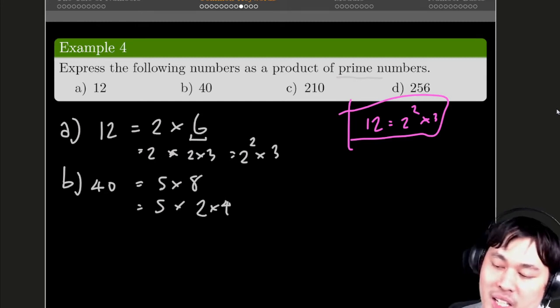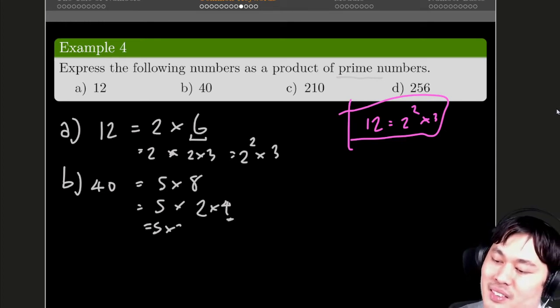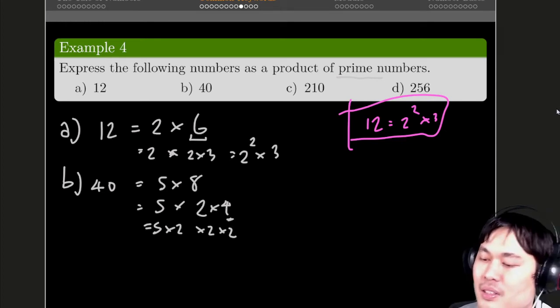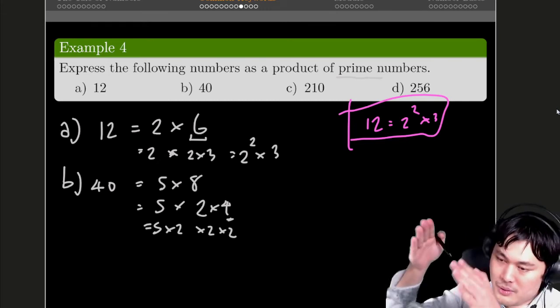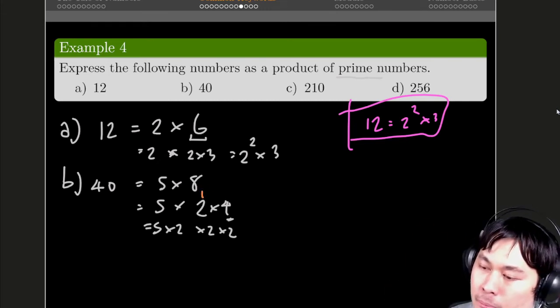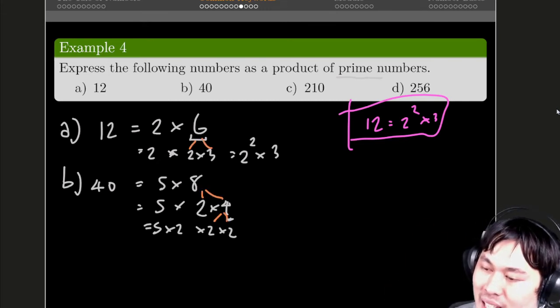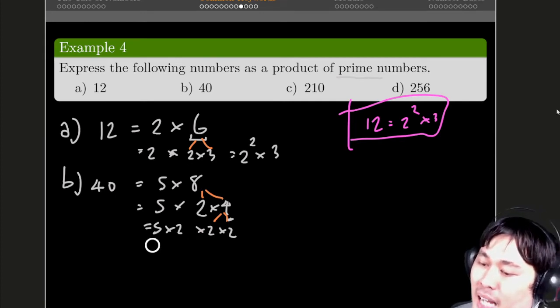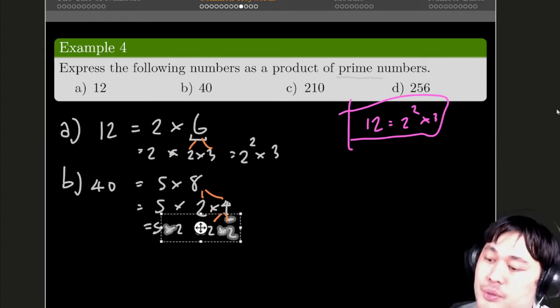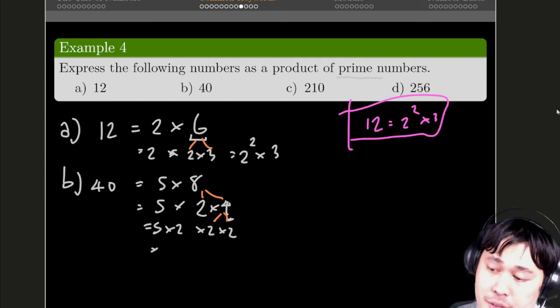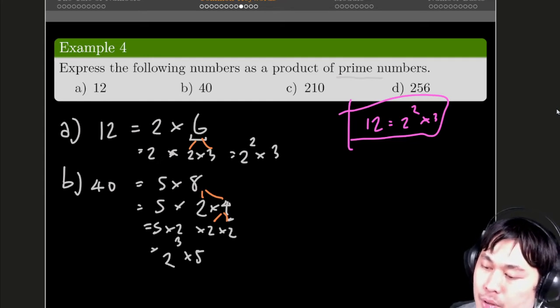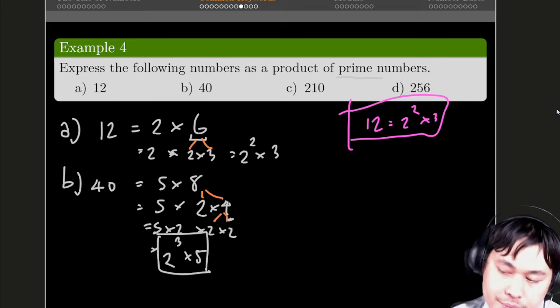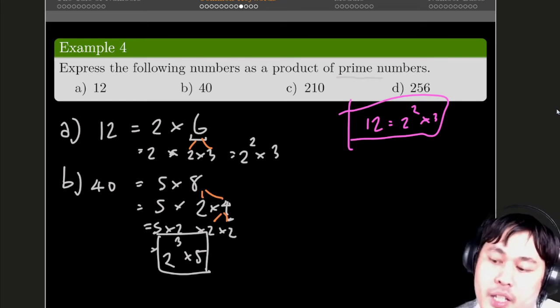And 4 is 2 times 2, so subdivide it. Now we have 5 times 2 times 2 times 2. If you rearrange it from lowest to largest, we have 2 to the third times 5. That's how we express 40 as a product of prime powers.